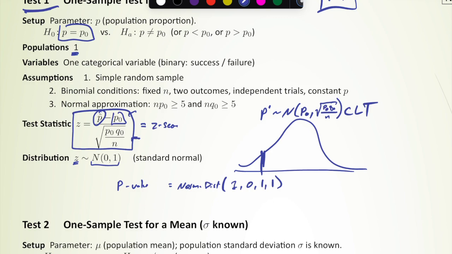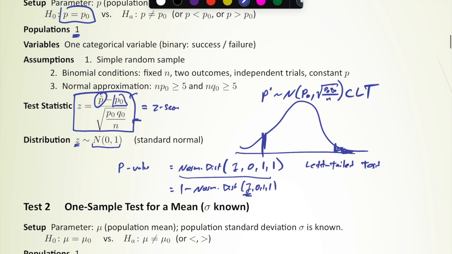Now notice that this is only the equation if it's a left-tailed test. If it's a right-tailed test, you do 1 minus norm.dist, because that'll give you the amount that's to the right of my z-score.